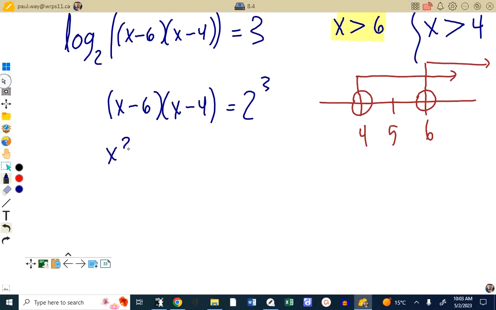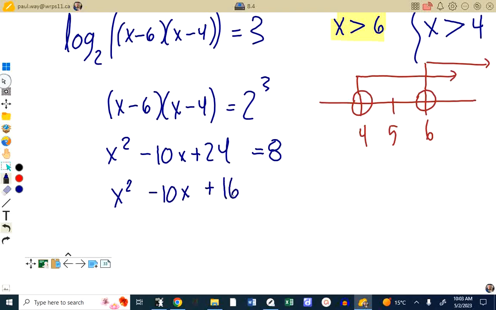Foiling out, I get x squared minus 10x plus 24 equals 8, which means x squared minus 10x plus, is it 16? 24 minus 8 is 16? Okay. Equals 0.